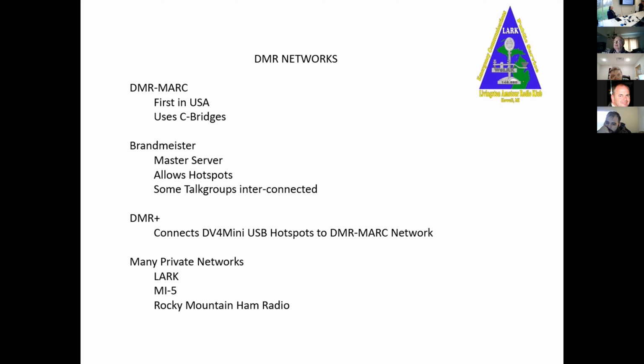Now, Brandmeister is the one that allows hotspots. These hotspots were all built around the Brandmeister network. They work other places, but all these little DMR hotspots that I passed around were built with Brandmeister in mind. So they have all the technical ability to connect to them. Brandmeister now requires you to have a password as a checksum.